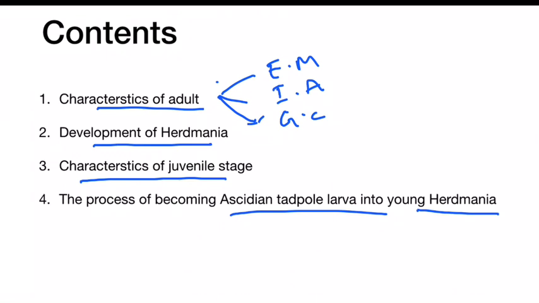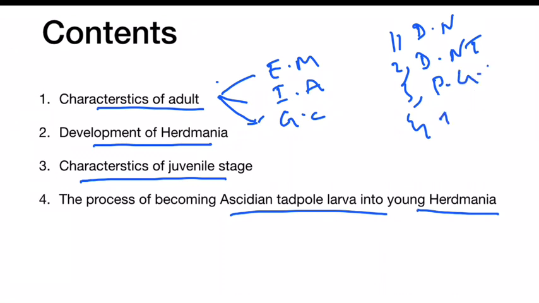Those 4 fundamental characters are common in all the chordates, and organisms which have them are called chordates. They are: first, dorsal notochord; second, dorsal neural tube; third, pharyngeal gill slits; and fourth, post-anal tail. So these 4 are the fundamental characters of chordates.